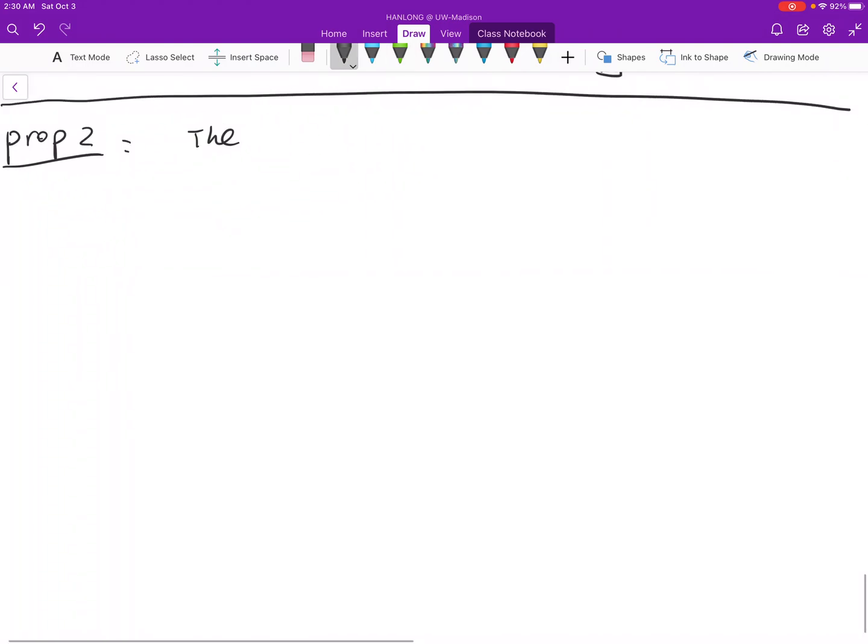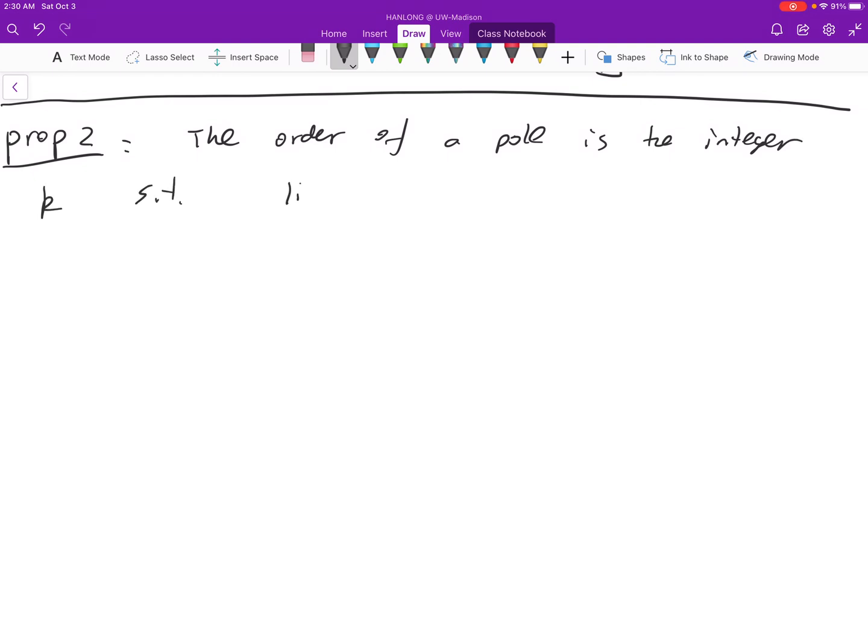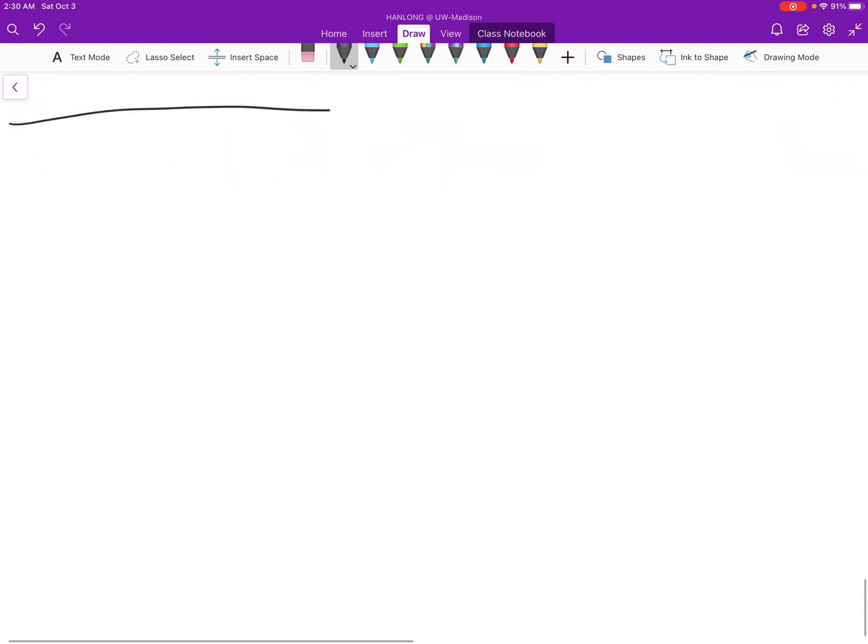So this observation is explicitly stated in the following proposition: the order of a pole is an integer k such that the limit of (z minus a) to the k's power times f(z) is a positive number, which is neither zero nor infinity.